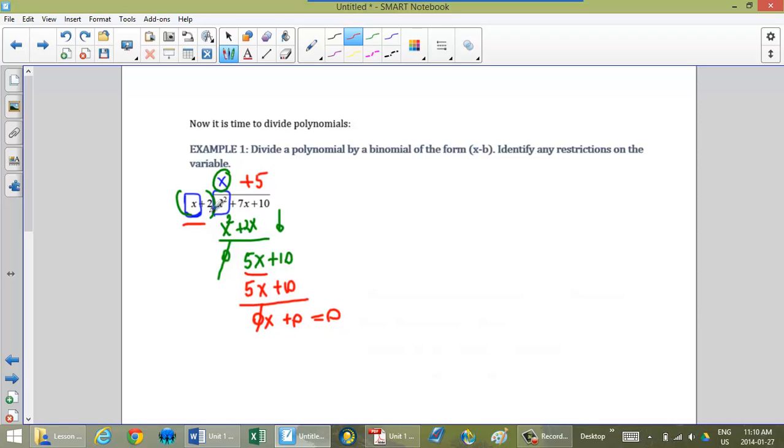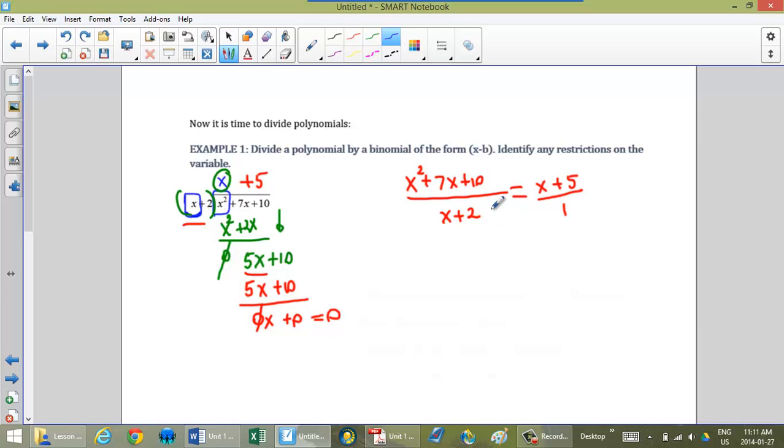So we can say that x plus 2 goes evenly into x squared plus 7x plus 10, and the quotient is x plus 5. How do we write that division as a fraction, right? And we're not going to care right now about restrictions. So x squared plus 7x plus 10 over x plus 2 equals, well, we found out the result, or the quotient, is x plus 5.